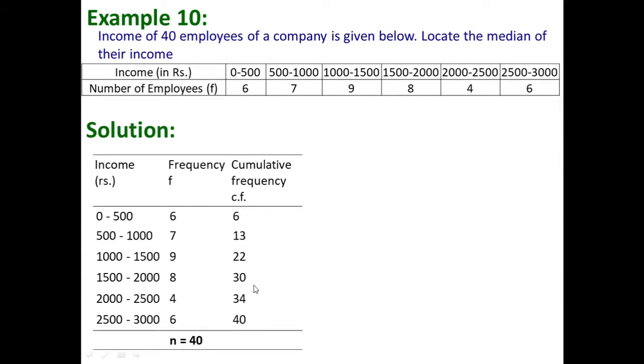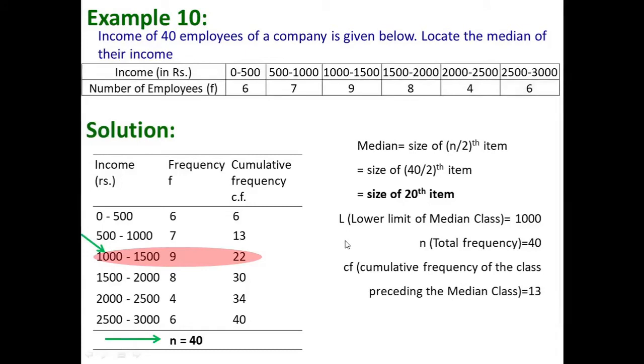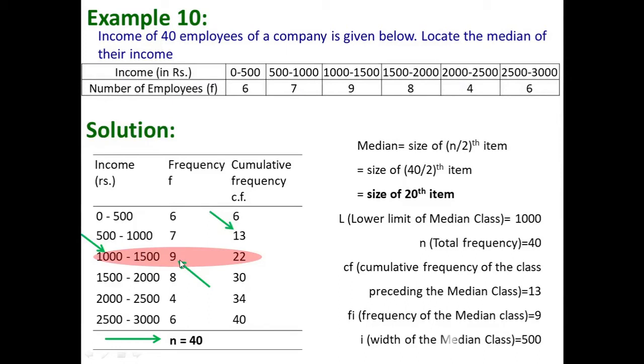Total number is 40, therefore the median will be the 20th item, which will lie under this class, or we can say this is our median class, where L is the lower limit of the median class which is equal to 1000, n is equal to total frequency which is 40, Cf is the cumulative frequency of the class preceding the median class, that is 13, Fi is the frequency of the median class, that is 9, and i is the width of the median class, that is 500.